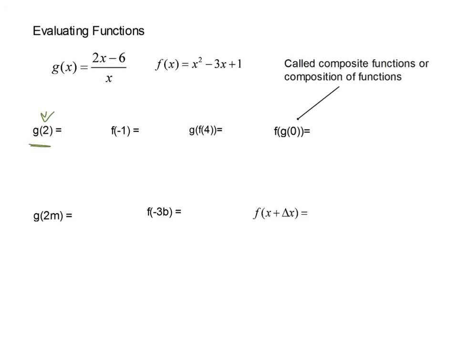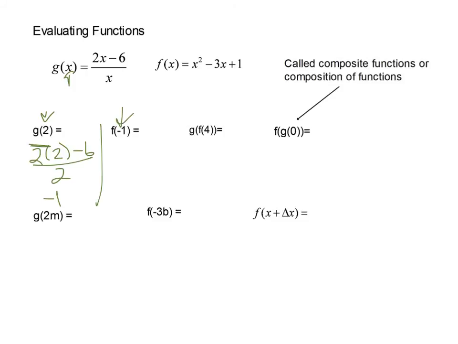So in our case, it's x. So it says take the g function, and anywhere you see an x, plug in a 2. Substitute in a 2, to be more appropriate in our math vocabulary. So then do the math. So 2 times 2 is 4, minus 6, negative 2, over 2, I get negative 1 when I do that.